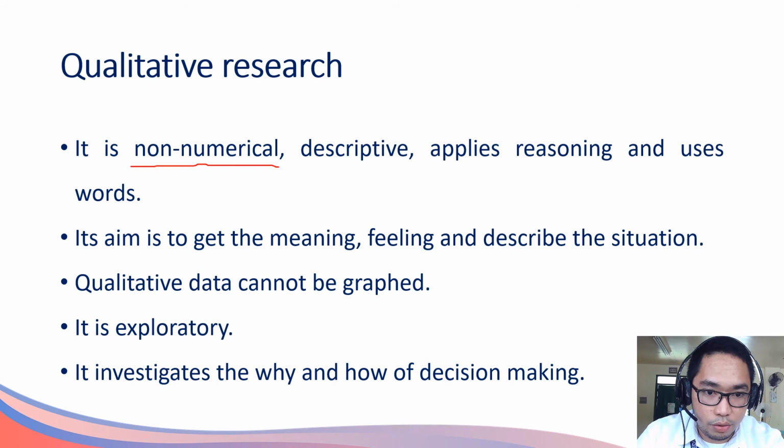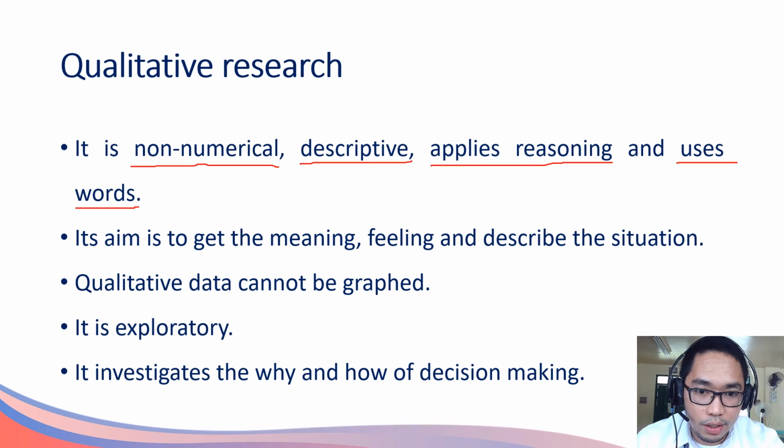Opposite with the quantitative research, qualitative is non-numerical, descriptive, it applies reasoning, and uses words. So in conducting qualitative research, we are trying to gather the reasoning or the opinion somehow of every individual.